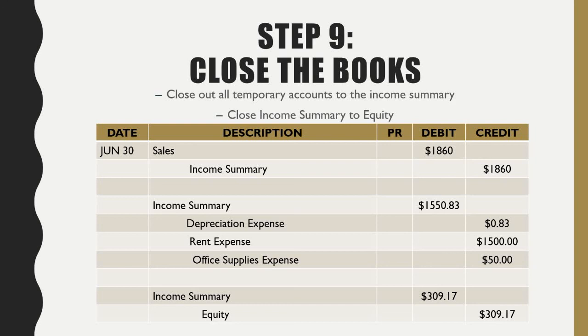Okay? And the last step is to zero out your income summary to your equity account. This is how you transfer, in this case, reinvest into the equity. This is the actual journal right here: you do that by creating an income summary entry, which allows you to either debit or credit the equity account.